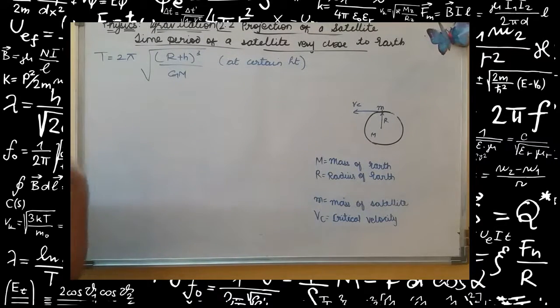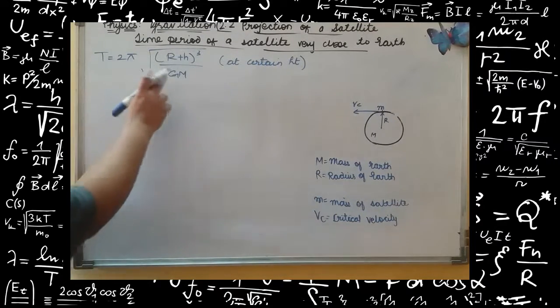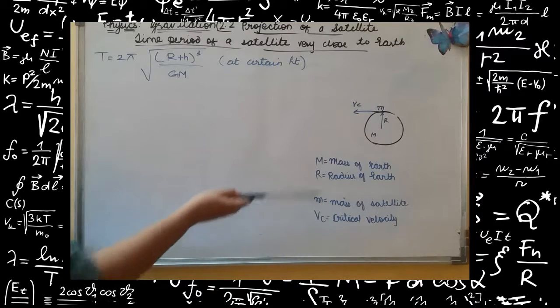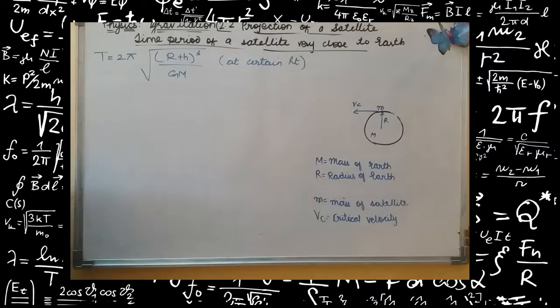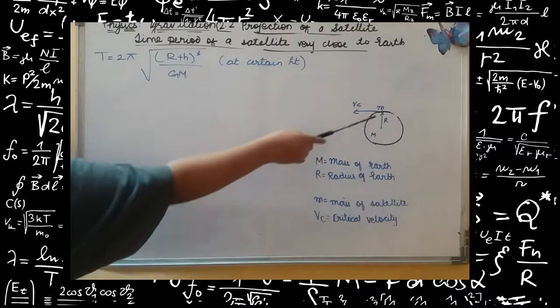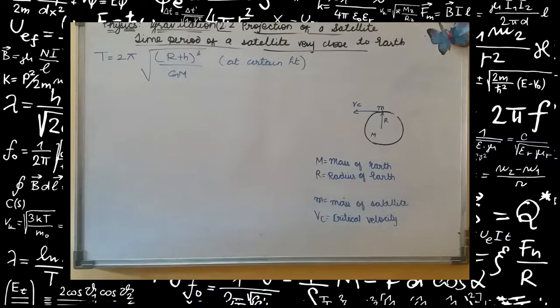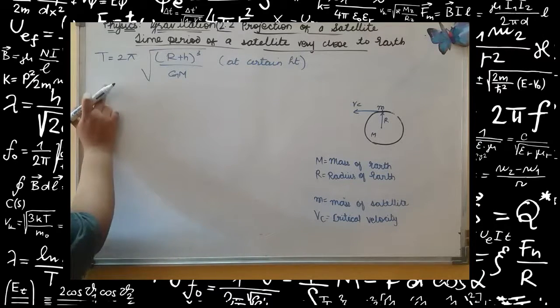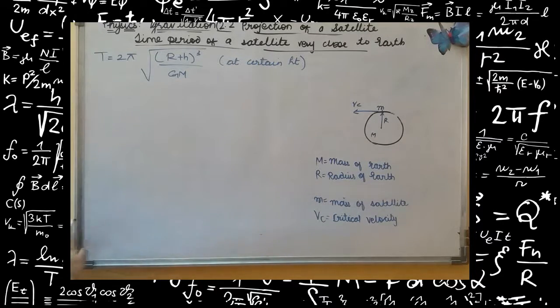Here we have to derive an expression for the time period of a satellite which is revolving very close to Earth. Again the diagram: capital M and R are the mass and radius of the Earth, Vc is critical velocity, small m is the body which is revolving around the Earth. We just derived the time period of a satellite which is at a certain height, so it has this height.